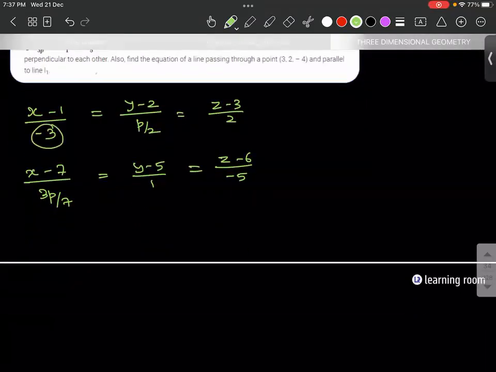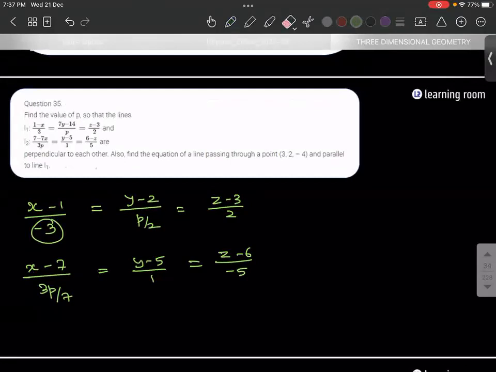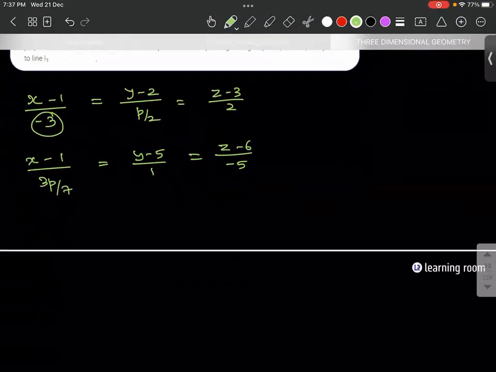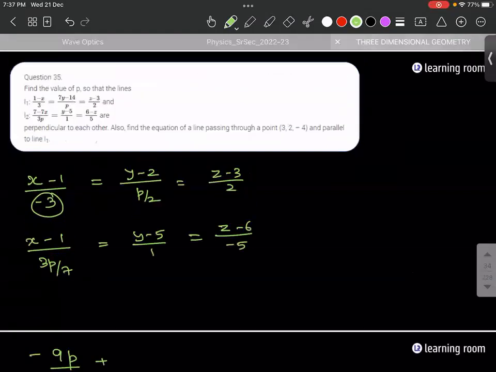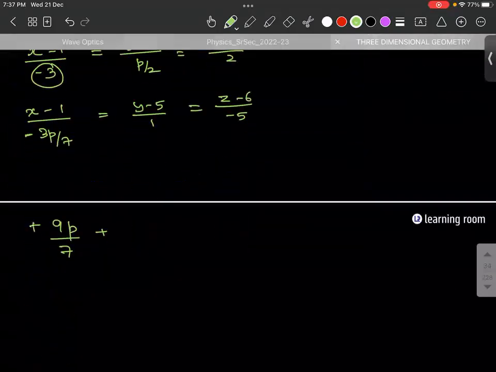So multiply a1 a2 plus b1 b2 plus c1 c2 is 0. Sir, in the x minus 1 one... Correct. (x minus 1) by 3p by 7. Now, minus 9p by 7. Sir, minus 3p by 7? In the denominator. This one, then it should be plus, no?